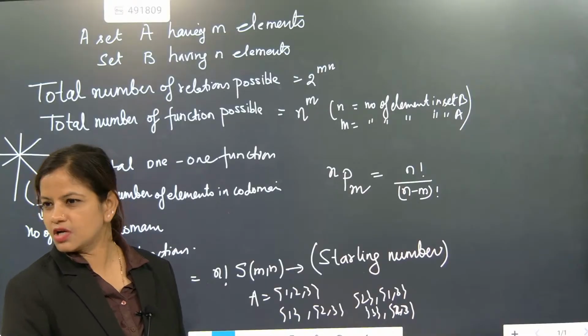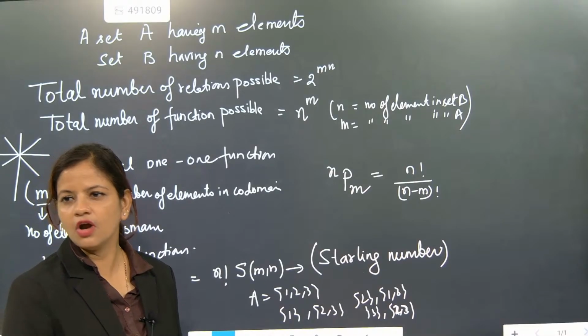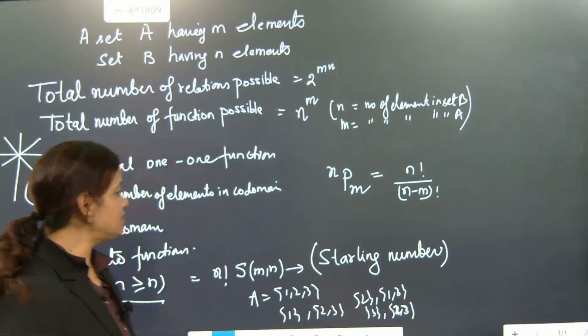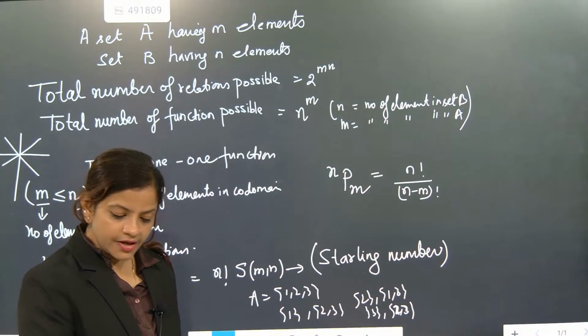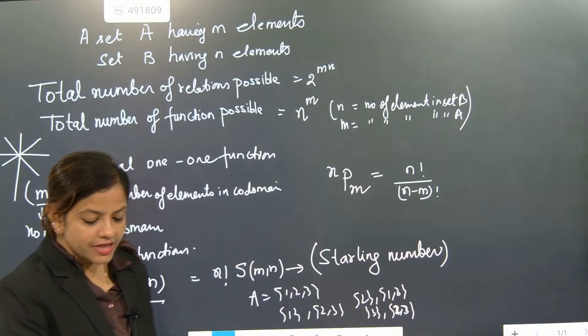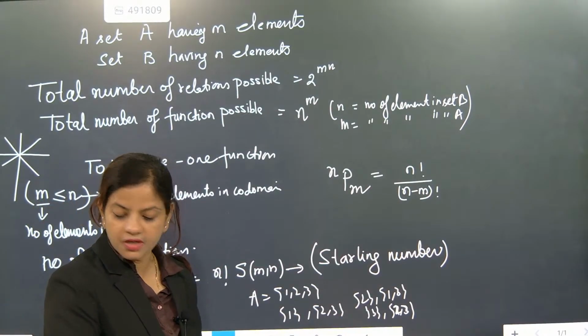Generally, they will not ask you onto functions. They will ask maximum one, but I have given it. If you have 3 elements, then how many Stirling numbers are possible? Understood or not?